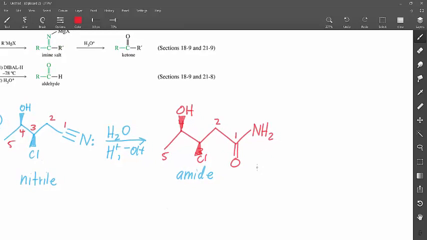All right, and the next step, hydrating it again, we're going to take the amide and form a carboxylic acid. Okay, so H2O, and we're going to count our carbons again. This is 2, 3, 4, 5.